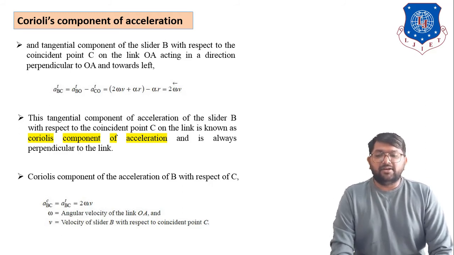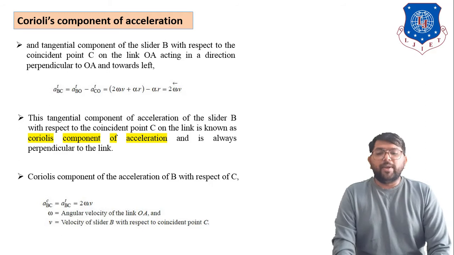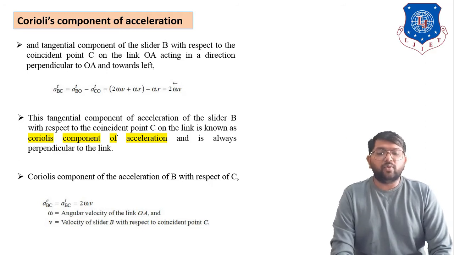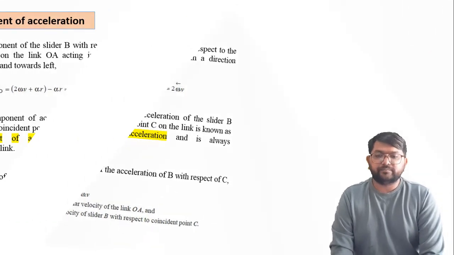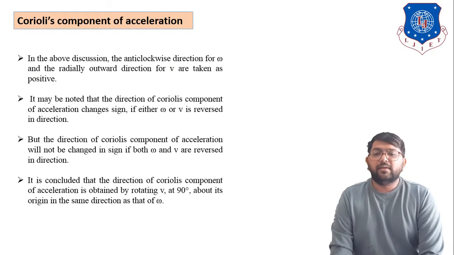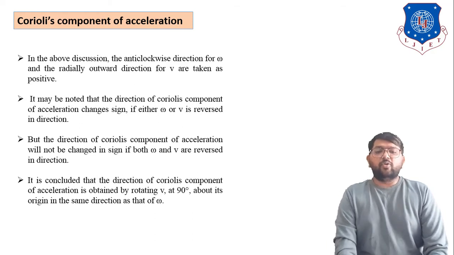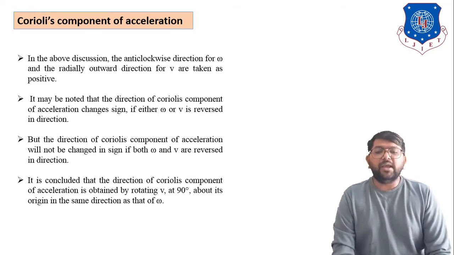Now Coriolis component of the acceleration of B with respect to C, that is acceleration at BC, is equal to 2 times omega into v, where omega is the angular velocity of the link OA and v is the velocity of slider B with respect to coincident point C. Now, in the above discussion, the anti-clockwise direction of omega and radially outward direction of v are taken as positive.